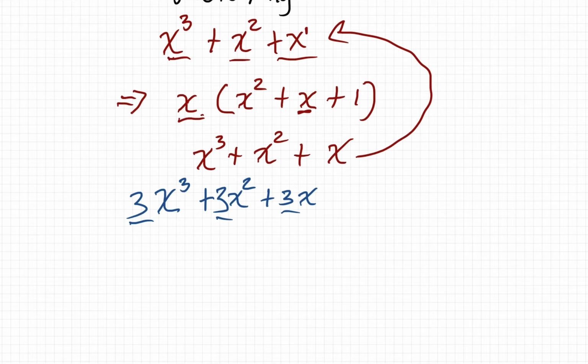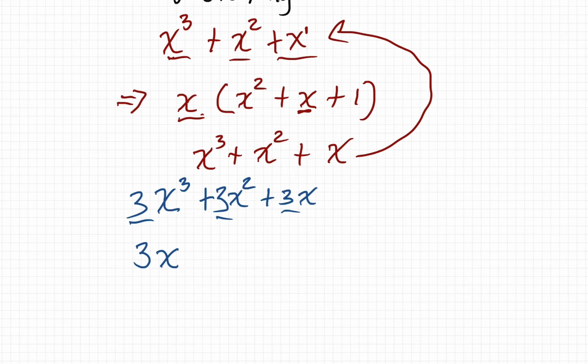What is it that they have in common? Well, the 3, and of course, as we saw before, the x. So we can take out the 3x. We factor 3x here, and then we open the parentheses every time you factor out something. So x squared, plus x, plus 1. And that's it for this second example.